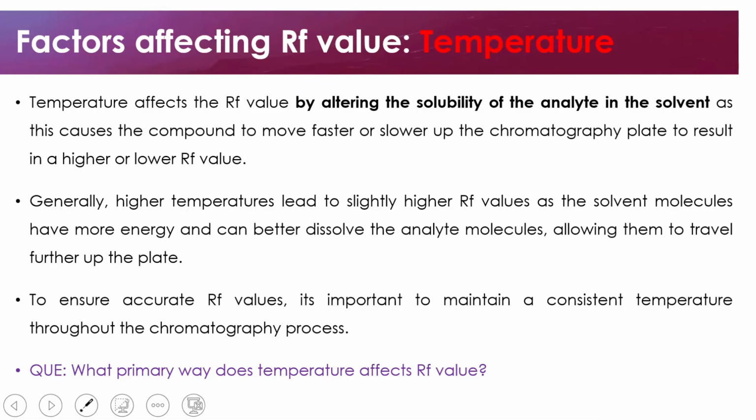Also, higher temperatures lead to slightly higher RF values, as the solvent molecules have more energy and can better dissolve the analyte molecules, allowing them to travel further up the plate. And to ensure more accurate RF values, it's important to maintain a consistent temperature throughout the chromatography process.